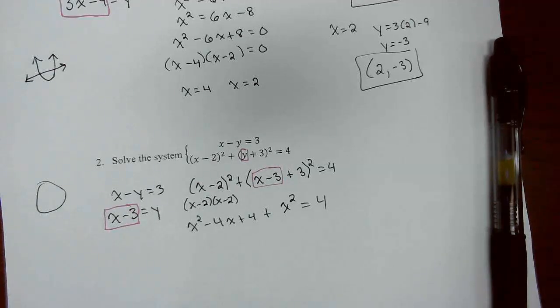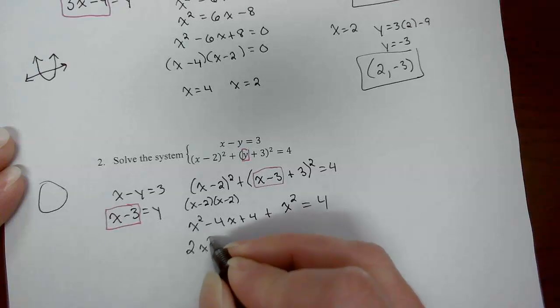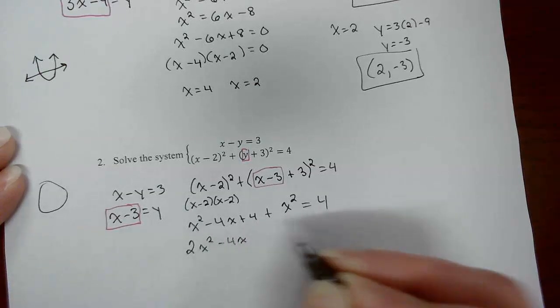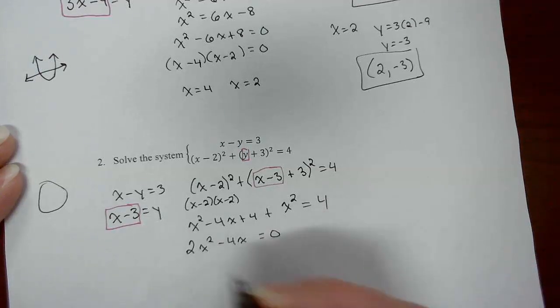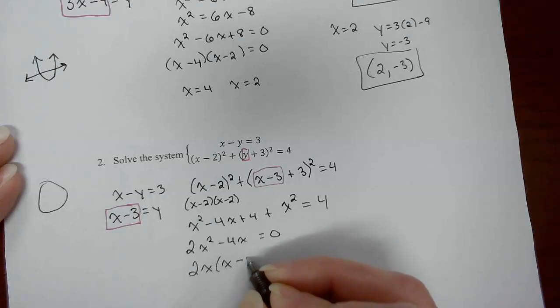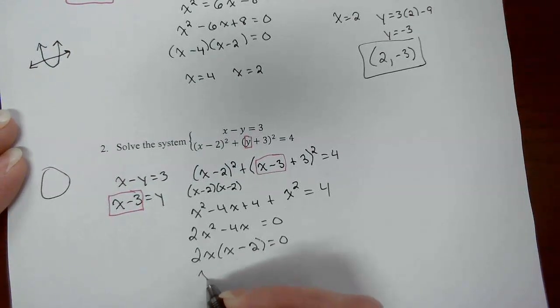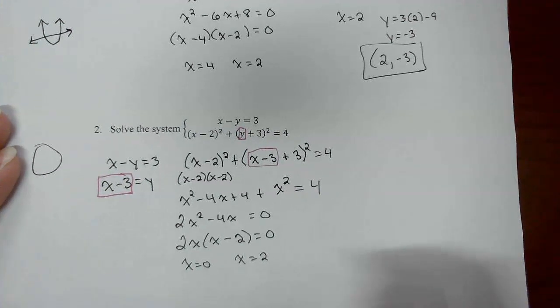And now we would combine like terms, get everything on the left side. So I'd have to subtract 4, which is kind of nice because those 4s would cancel out. Then factor out a 2x. Set each equal to 0. And again, we get 2 x values.